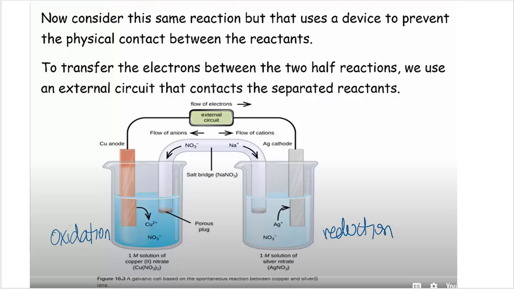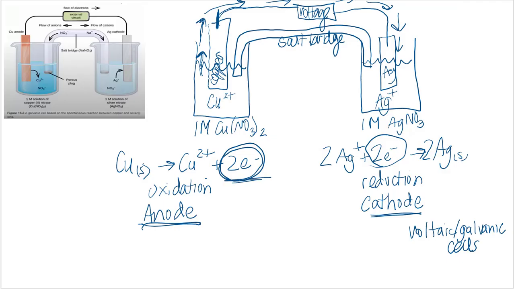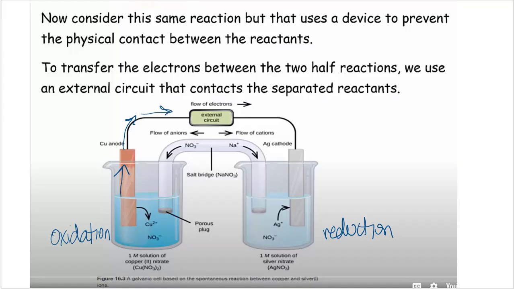And so we see the current beginning to flow. Remember, in our oxidation down here, it's generating electrons. So the generated electrons, the current begins to flow. And it's flowing from the anode into the cathode.